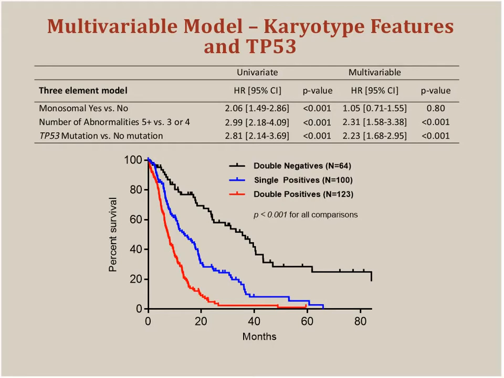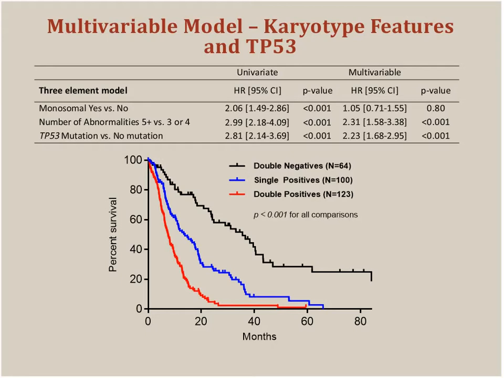Then they looked at patients who had a double negative, compared to those who had a single positive or a double positive on that prior slide, and here you can see the differences in the median survivals amongst these subgroups.